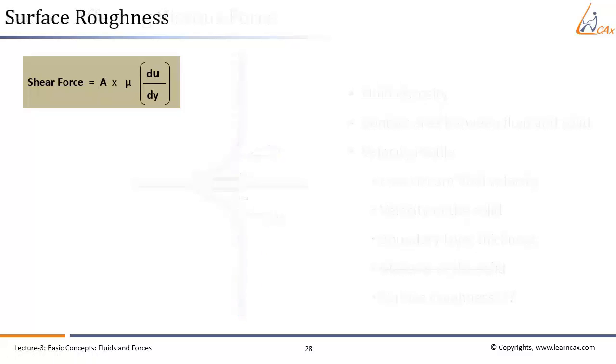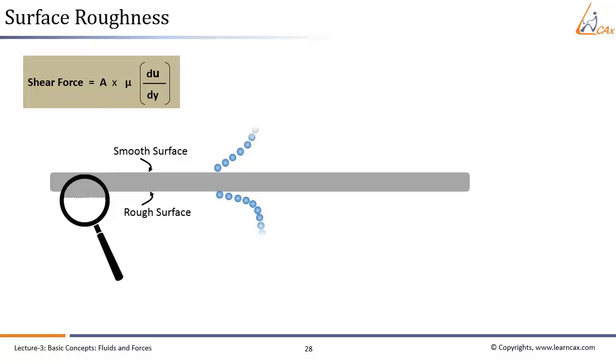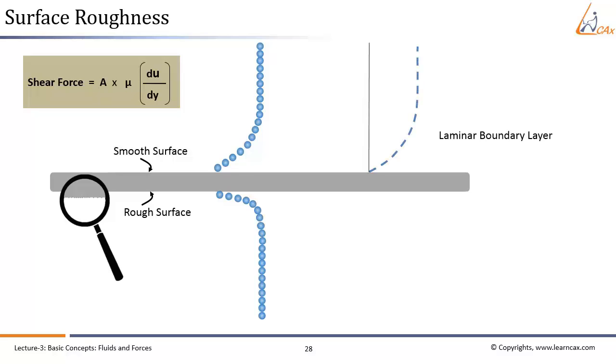For a flat plate with a smooth surface at the top and a rough surface at the bottom, the boundary layer or velocity profile at the same locations from the leading edge are shown here. For the side with the smooth surface, the boundary layer remains laminar. But for the side with the rough surface, the boundary layer becomes turbulent.